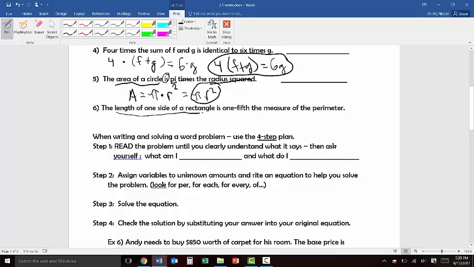Number 6 is from a challenge perimeter problem. It says the length of a rectangle side, which we don't know because I didn't say what the dimensions of the rectangle were, is, so equals 1/5 the measure of the perimeter, so "of" meaning times, and then I don't know the perimeter, so we'll just use a variable, usually p for perimeter.